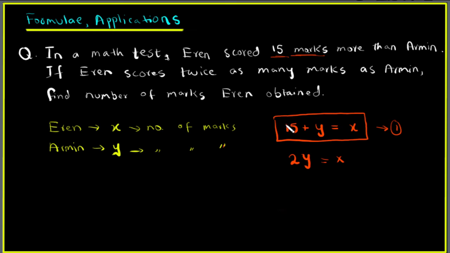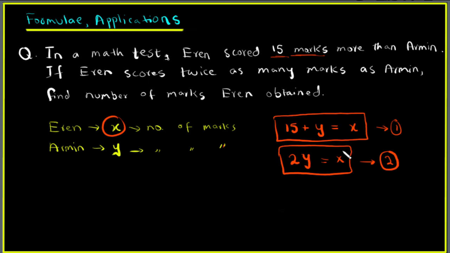Twice as many marks means we need to multiply the marks of Armin by 2 in order to get the marks of Aaron, right? So this is the second equation we deduce from the second piece of information provided in the question. And then it asks us to find the number of marks Aaron obtained. So we need to find X.